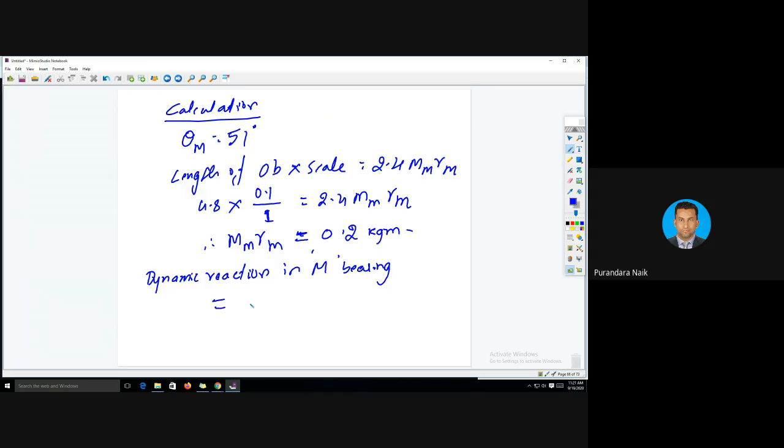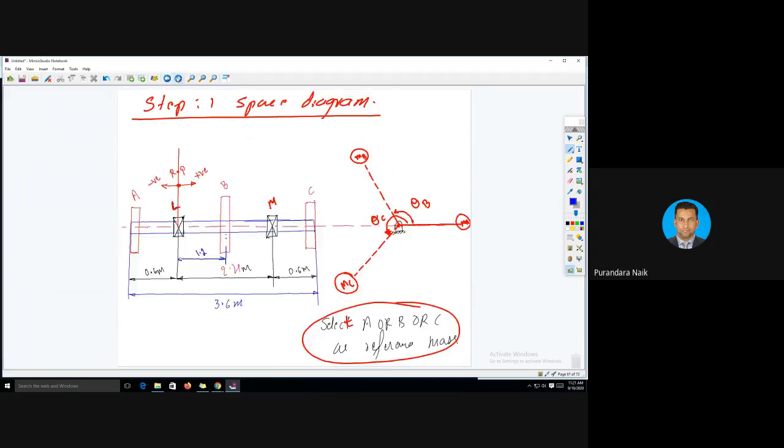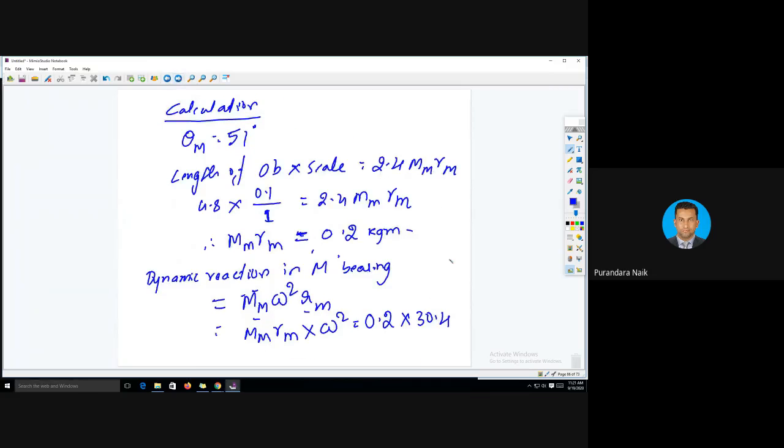It is equal to mass into omega square into rm. This is the dynamic reaction or dynamic force. So it is equal to mrm into omega square, mrm is 0.2 into omega square, which is 31.41. Check your answer, 31.41.